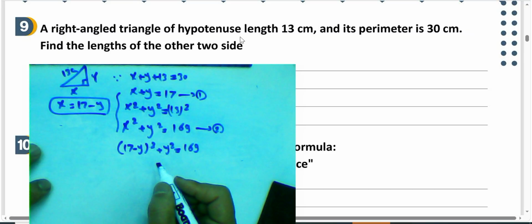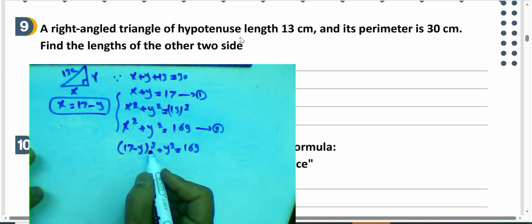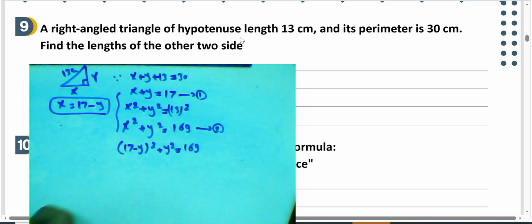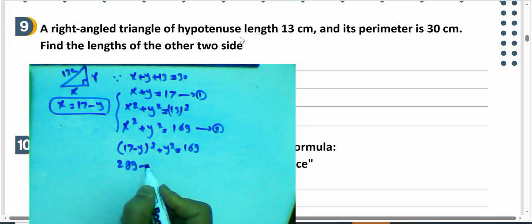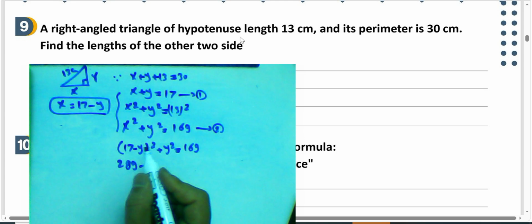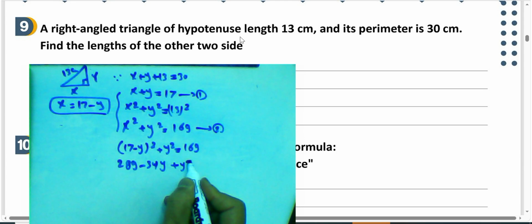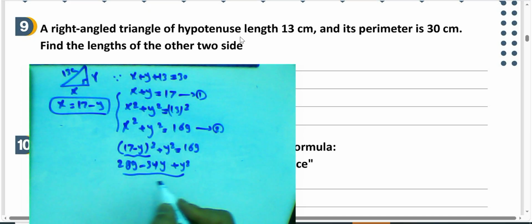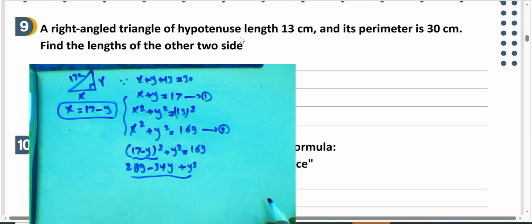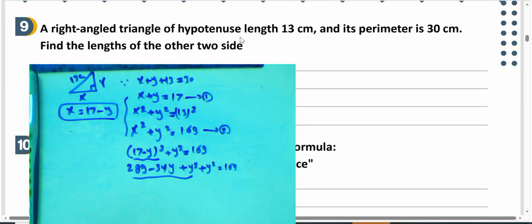Understood? Now I will write 17 power 2. It would be 289, minus 2 times 17, which is 34, times y, and y power 2. I write this expression expanded, and write y power 2 also here, equals 169.